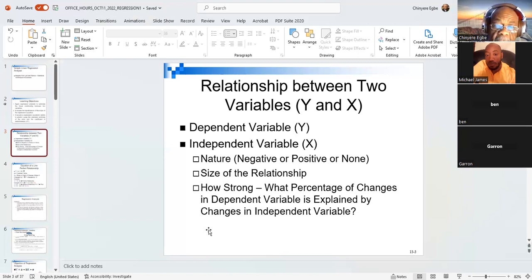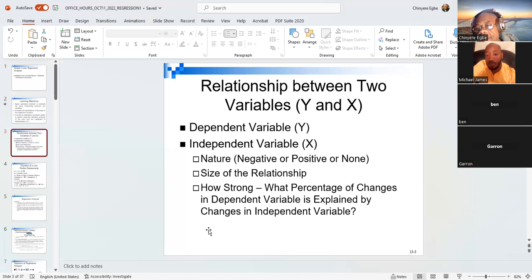It's explained by the distance between where you live and where the job is. But the point of the matter is that the distance alone could just explain 10%, or you could explain 90%. Could just be that the distance alone explains 90% of how long it takes you to get to your job.